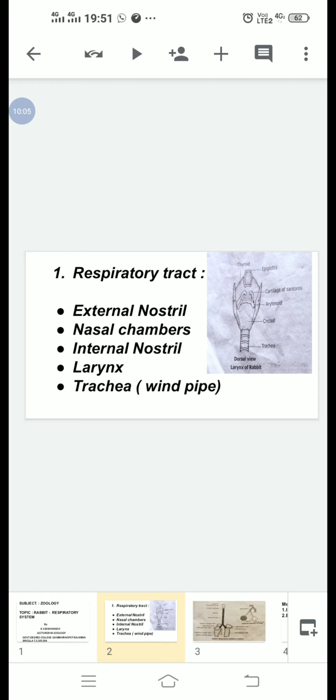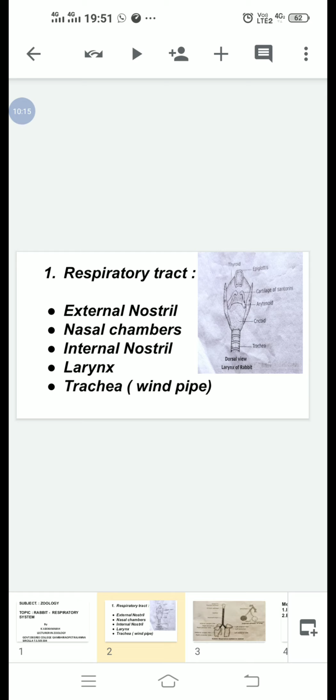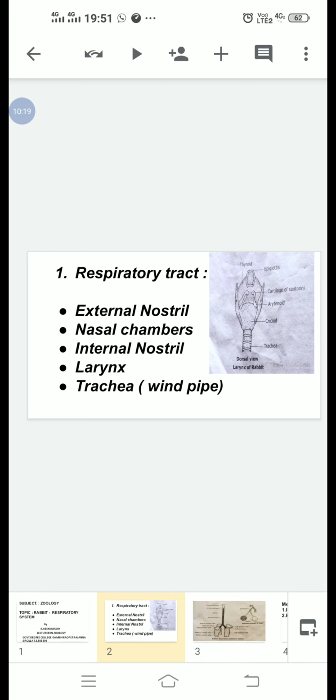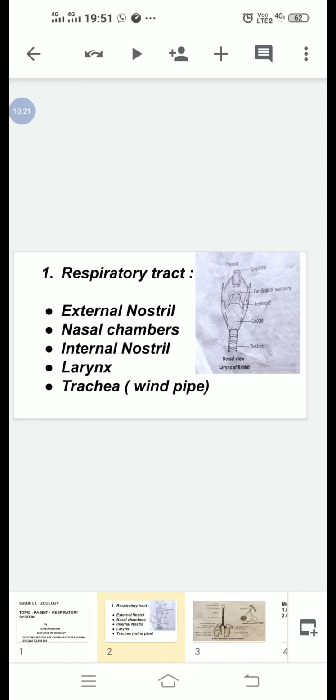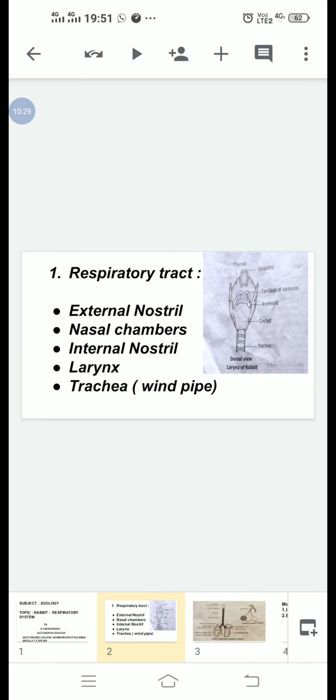The tertiary bronchi are further divided into fine tubules called bronchioles. The wall of the trachea and the two primary bronchi are supported by C-shaped cartilaginous rings.